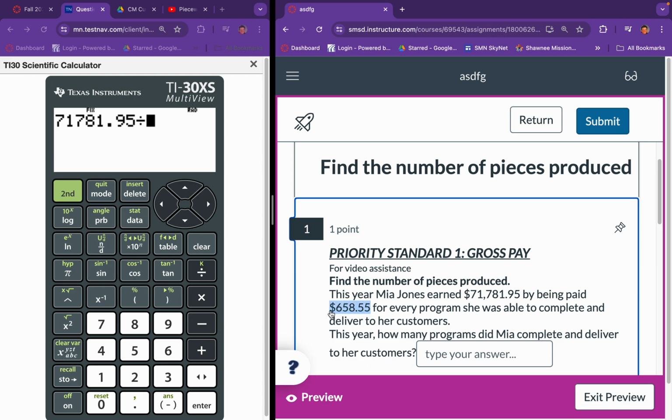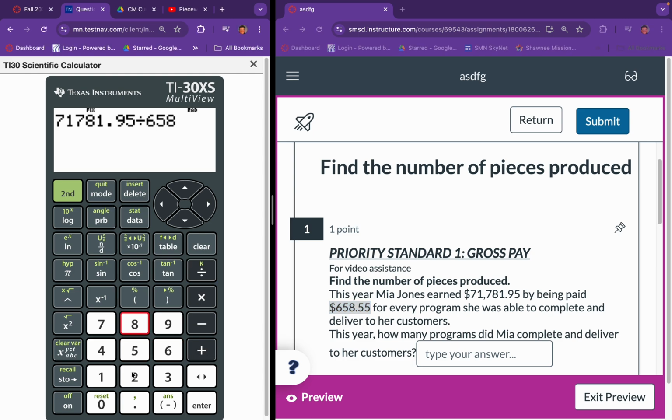So for every one item she created and delivered, she made $658.55. So we're going to take the total amount of money and divide it by the per item amount of money, $658.55. And this tells us how many programs did she complete and deliver?